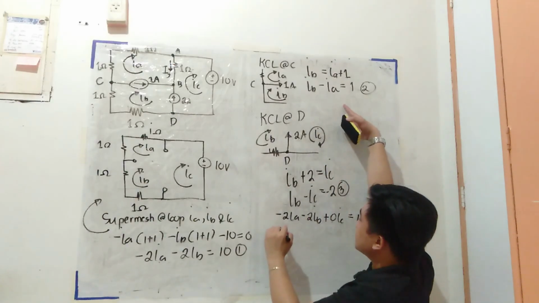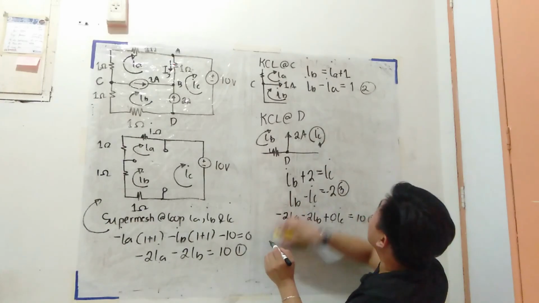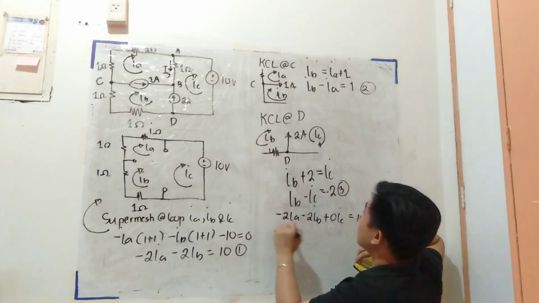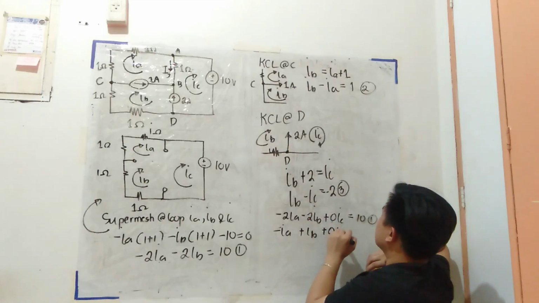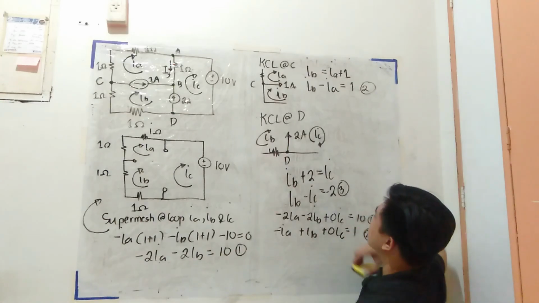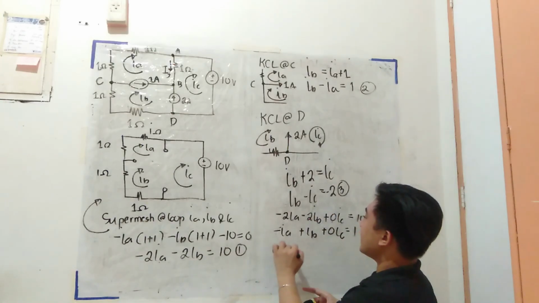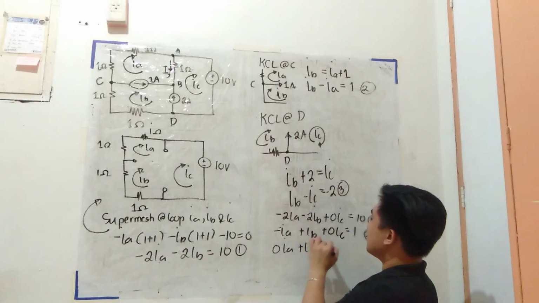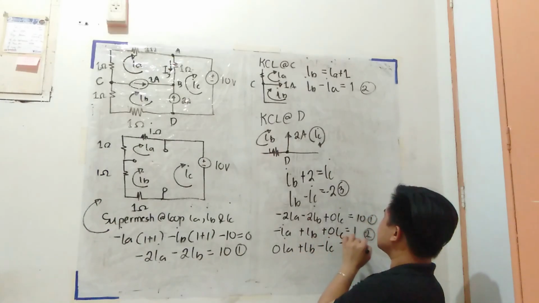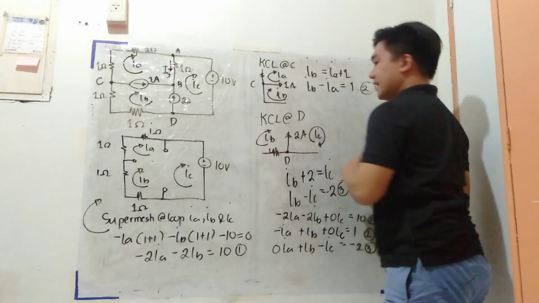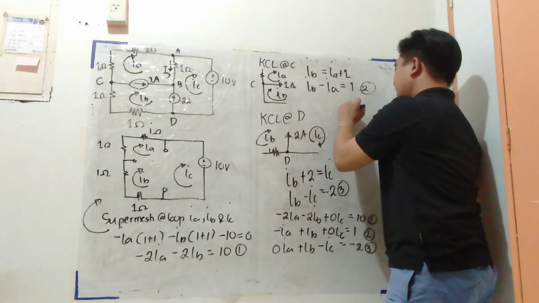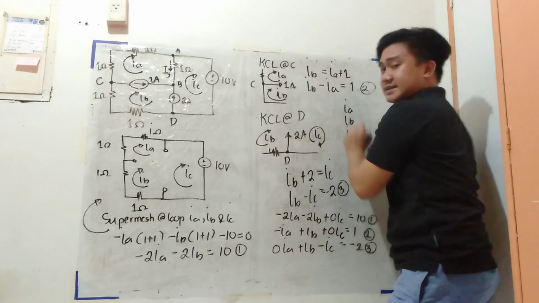And then, negative IA plus IB plus 0IC equals 1. Equation number 2. And then, 0IA plus IB minus IC equals negative 2. Equation number 3. So, I can now find the value of IA, IB, and IC.